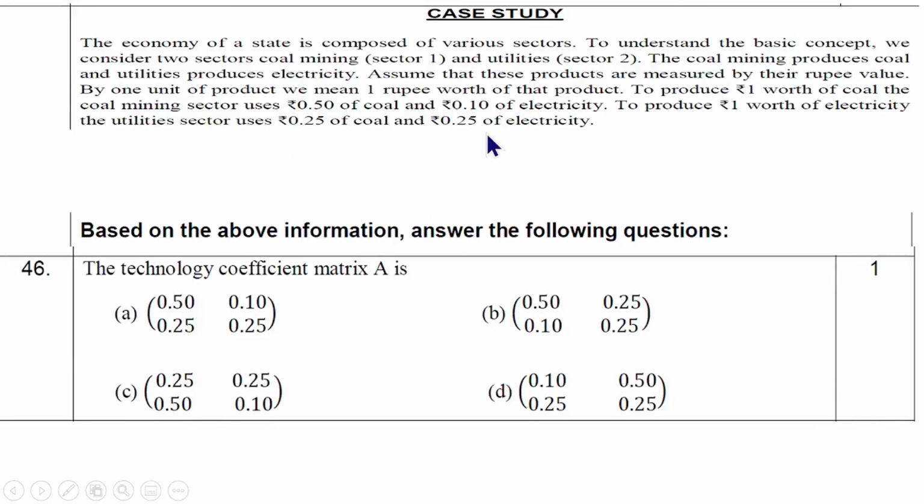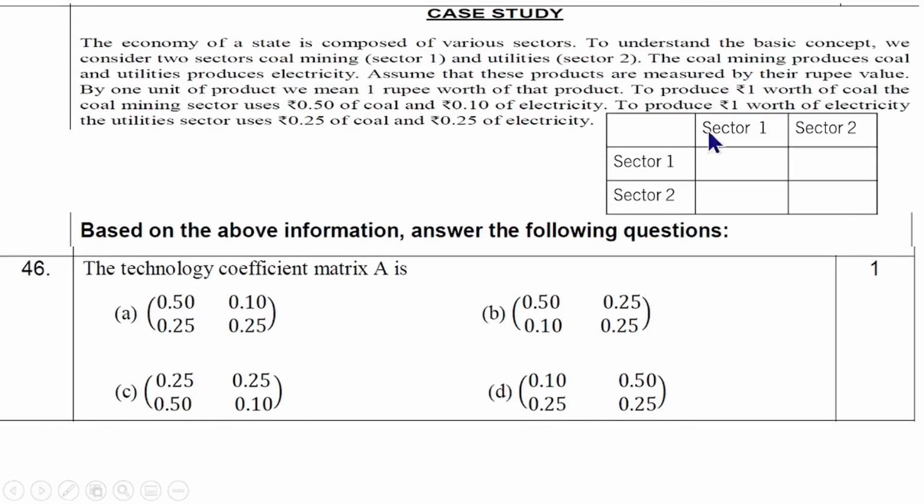So based on the information given, we can use the Leontief input-output model. And first let us draw the table. Here it is directly given, to produce rupee 1 worth of coal, the coal mining sector uses rupees 0.50 of coal and rupees 0.10 of electricity.